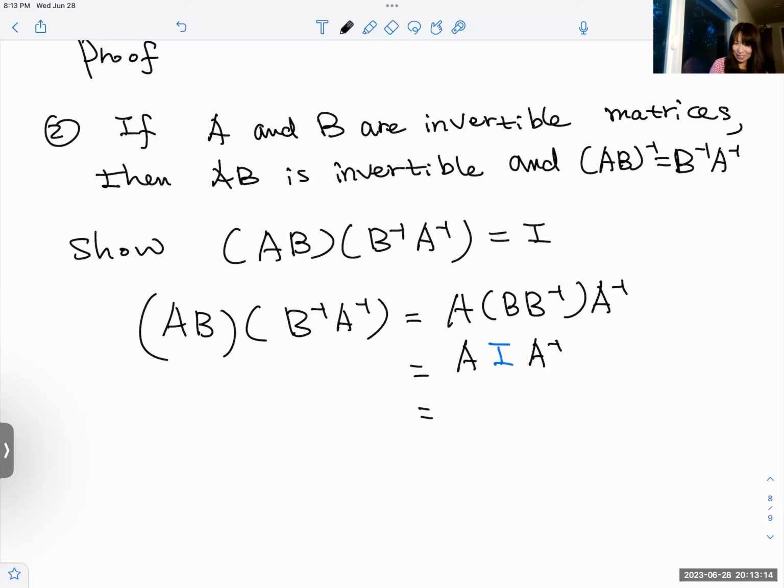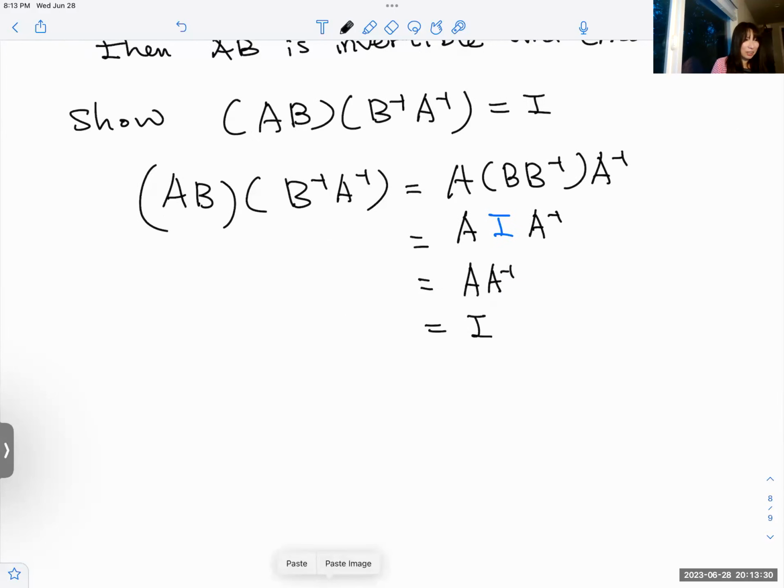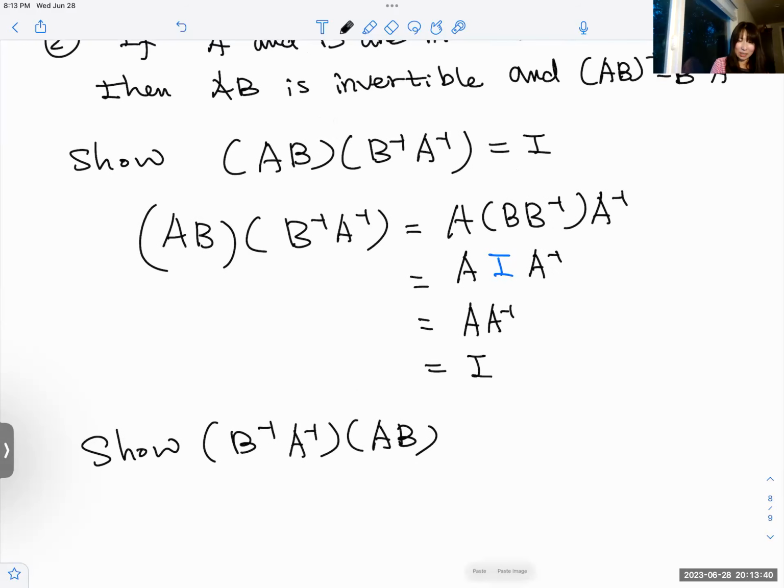Then we notice that, what do you get? This means A and its inverse, so we get the identity. Now we are going to show that the inverse of B, inverse of A, and AB, like the inverse of C, equals identity.